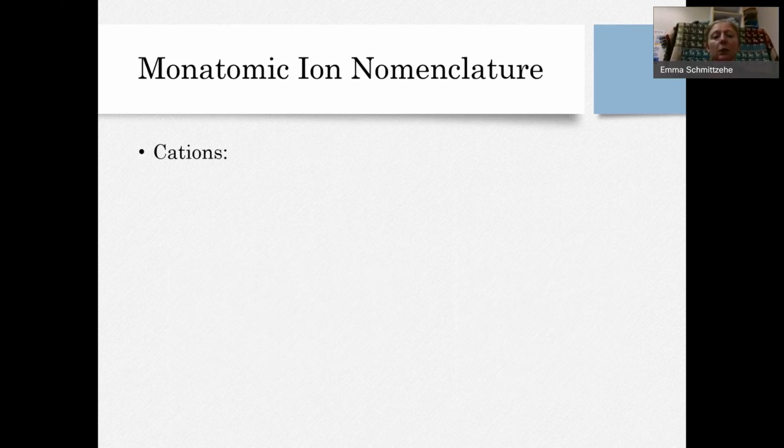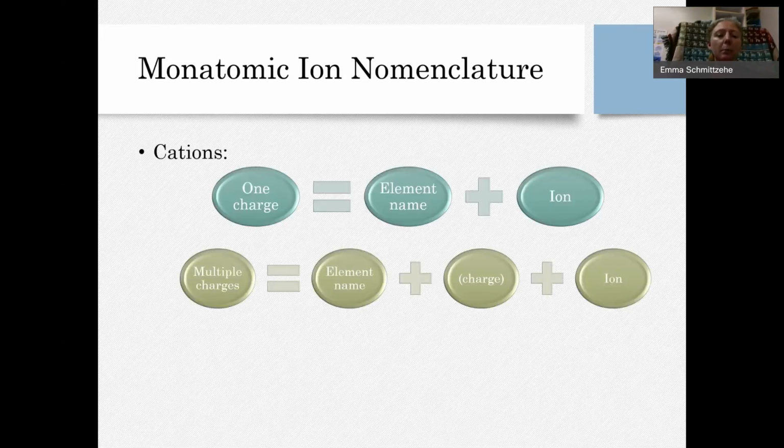So we can have cations, there are monatomic cations, and if we have cations, there's actually two different systematics because there's kind of two types of monatomic cations. You can have monatomic cations that only have one possible charge, and you can have monatomic cations that can have multiple charges.